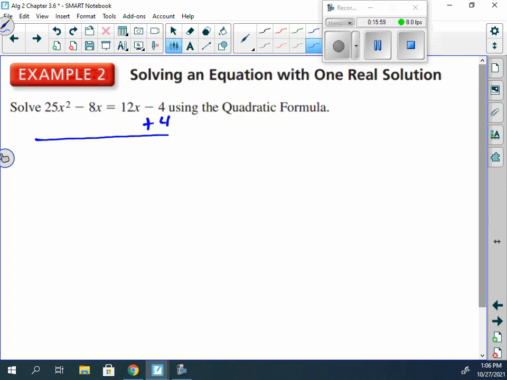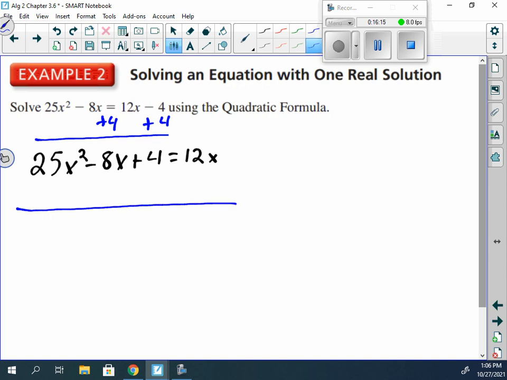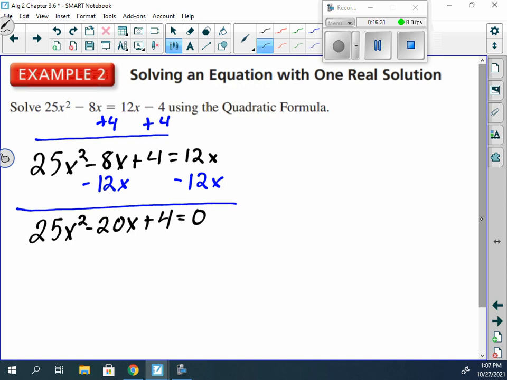We can add 4, which will tell me that the equation is 25x squared minus 8x plus 4 is equal to 12x. And then we would subtract 12x from both sides, telling us that 25x squared minus 20x plus 4 is equal to 0.